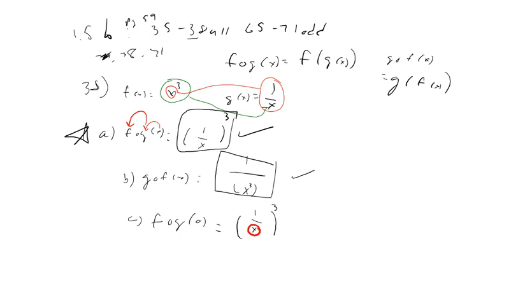So it becomes 1 over 0 cubed, which is 1 over 0. And what's my answer going to be for that? What's 1 divided by 0? Am I allowed to do that? Correct, Jessica. Correct, Destiny. Correct, Christopher. Undefined. Not allowed, so my answer for that one is undefined.